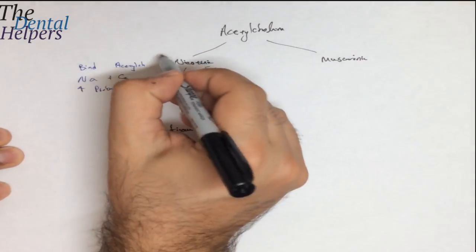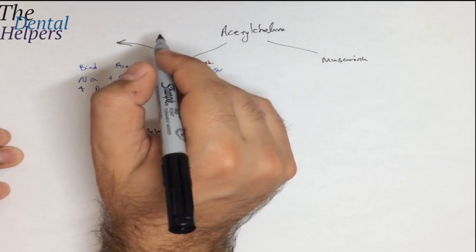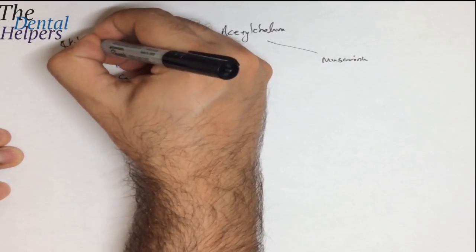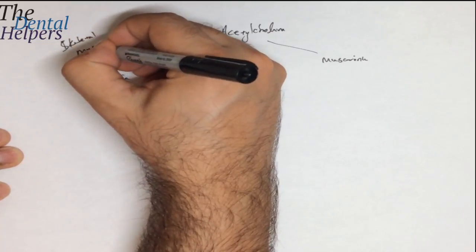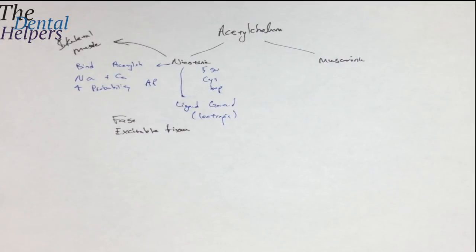The nicotinic, as I said, is going to be basically what's found in your skeletal muscles. And if you think about it, we would want them to be in the skeletal muscles because we're controlling ion concentration. We're also controlling the probability of an action potential.